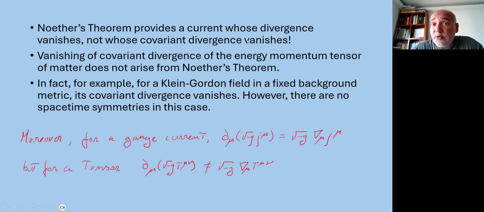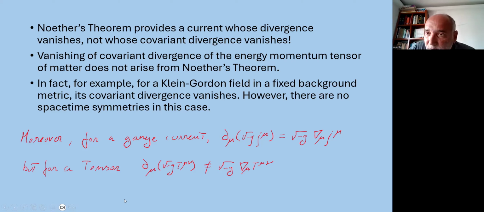Noether's theorem provides a current whose divergence vanishes, not whose covariant divergence vanishes. So you cannot get a covariant divergence of something from Noether's theorem. So the vanishing of the covariant derivative of the energy momentum of matter does not arise from Noether's theorem. And in fact, even without space-time symmetries, you can get the covariant divergence equal to 0. So it is not related with Noether's theorem.